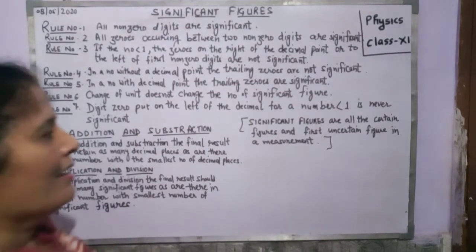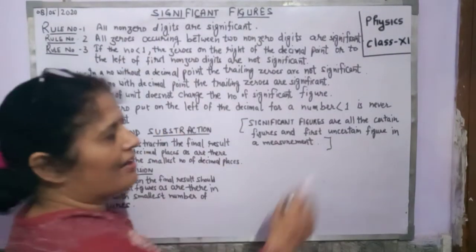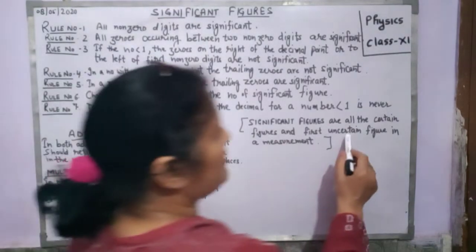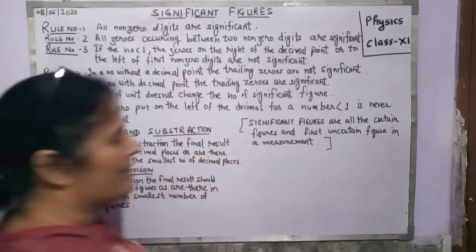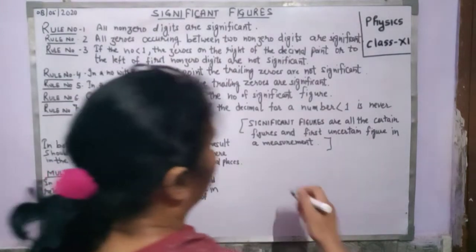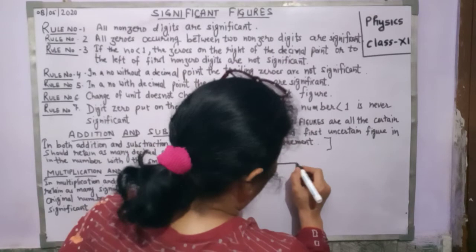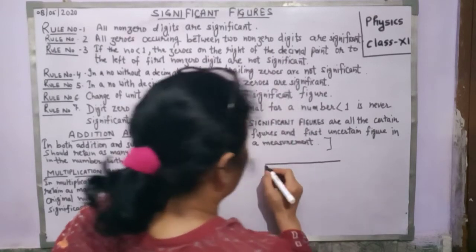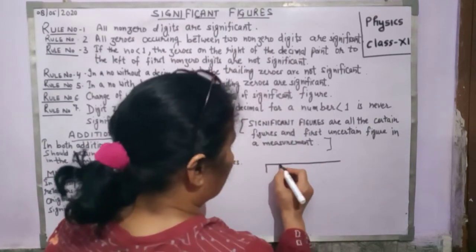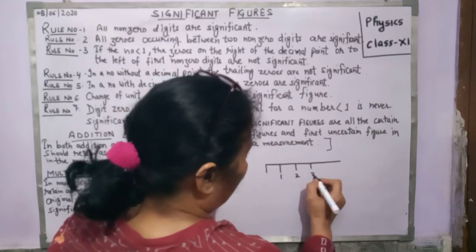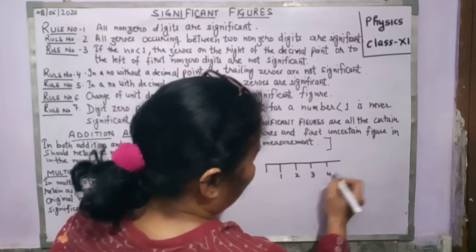Once again, significant figures are all the certain figures and the first uncertain figure in a measurement. For example, you have measured a length using a scale. This is your scale: this is 1, this is 2, 3, 4, and then this is 5.